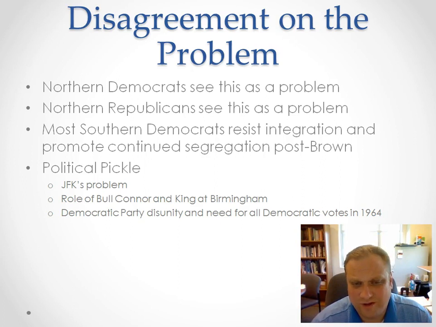They aligned with Southern Democrats, and the big resistance here were Southern Democrats, because they wanted to resist any attempts at integration, and most wanted to promote continued segregation, even though it was post Brown versus Board of Ed.